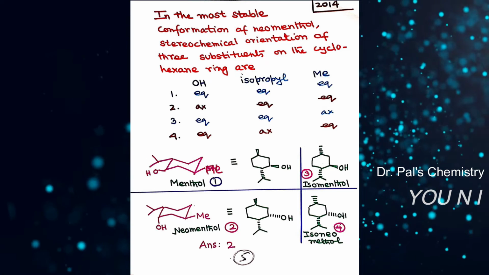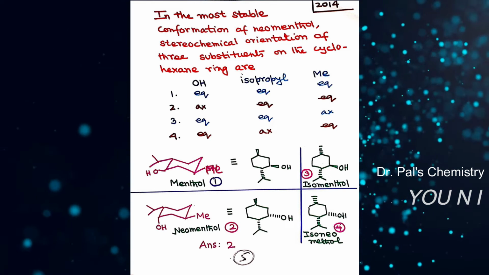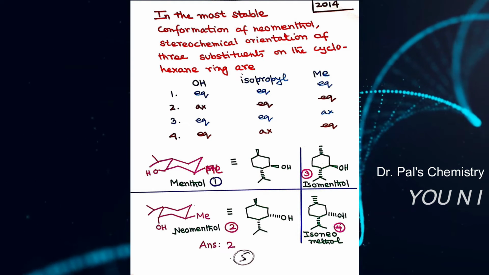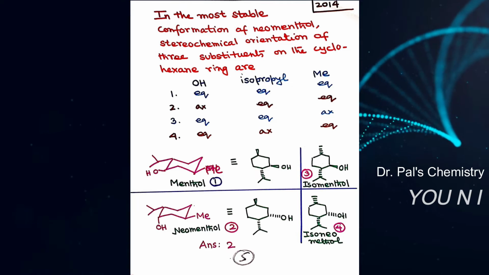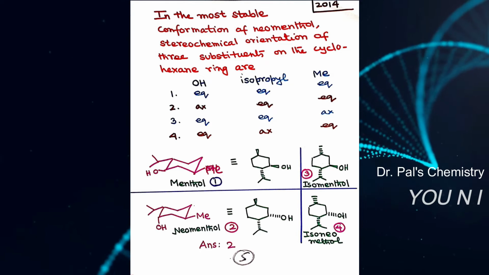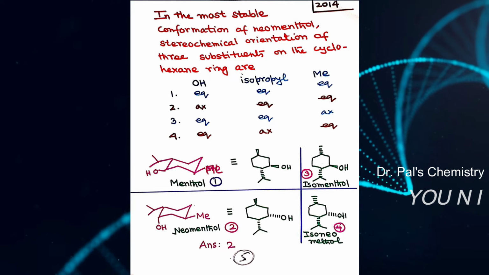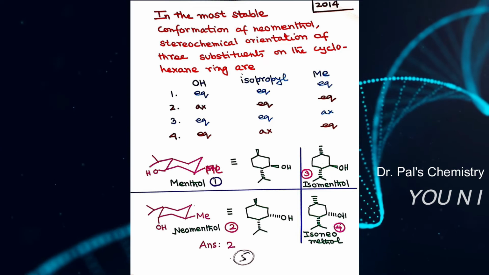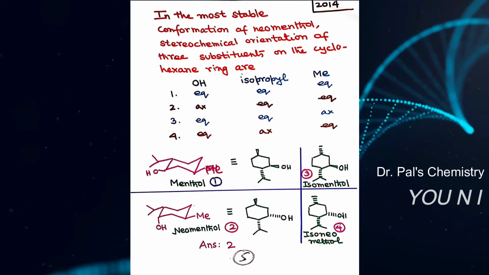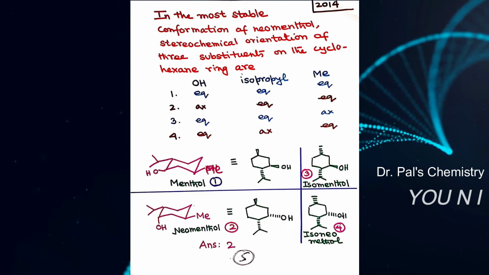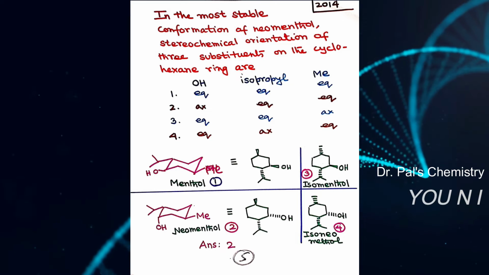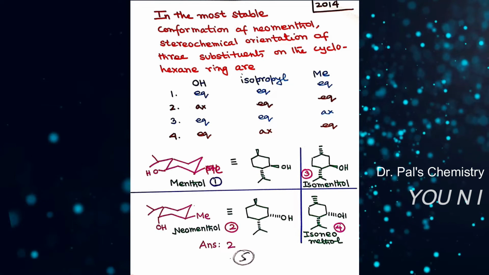And if we draw all these given options, 1, 2, 3, 4, then four diastereomers are possible. The first one is OH, isopropyl, methyl, all equatorial, and that represents menthol. And now coming to the second one, that is OH axial, and the remaining two equatorial, that represents neomenthol, and that is the final answer.